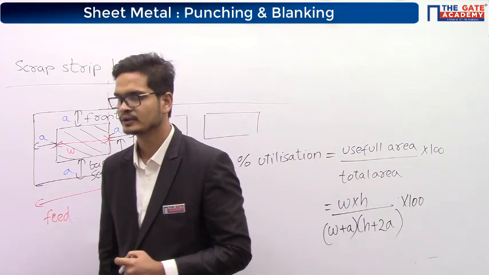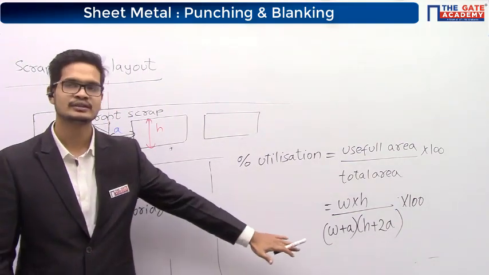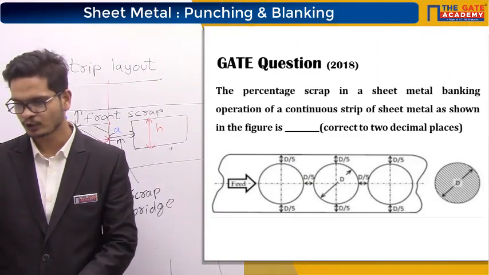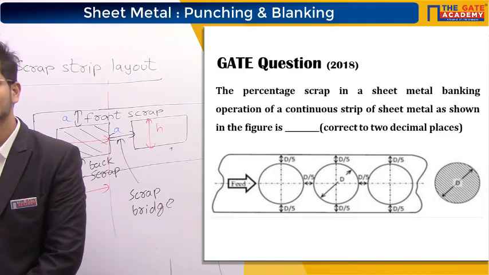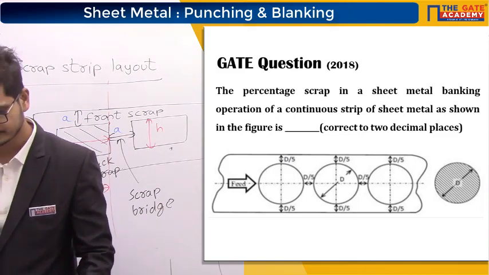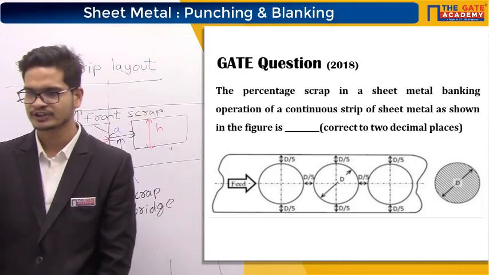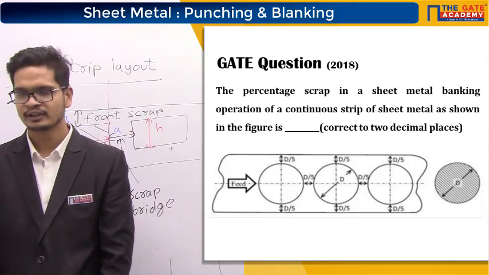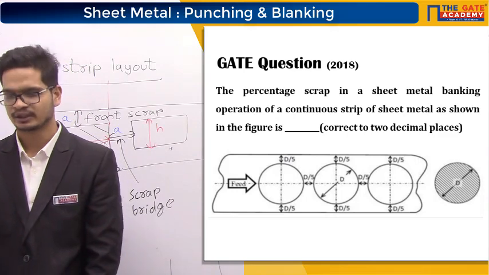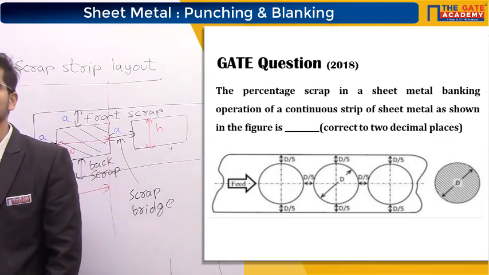Did you understand this? So try this question on the secondary screen. The percentage scrap in a sheet metal blanking operation of a continuous strip of sheet metal as shown in the figure is? What is the correct answer?